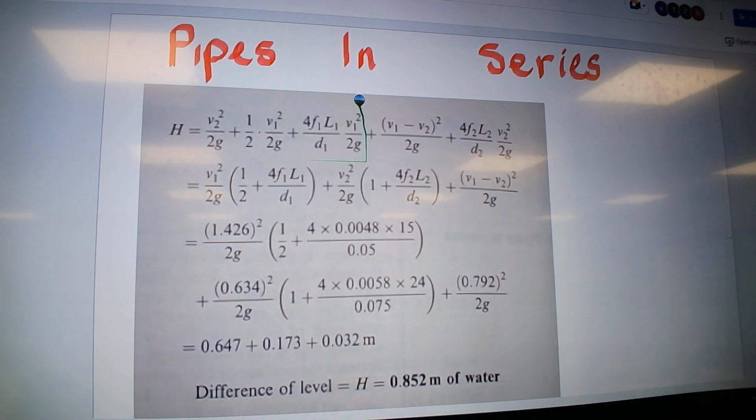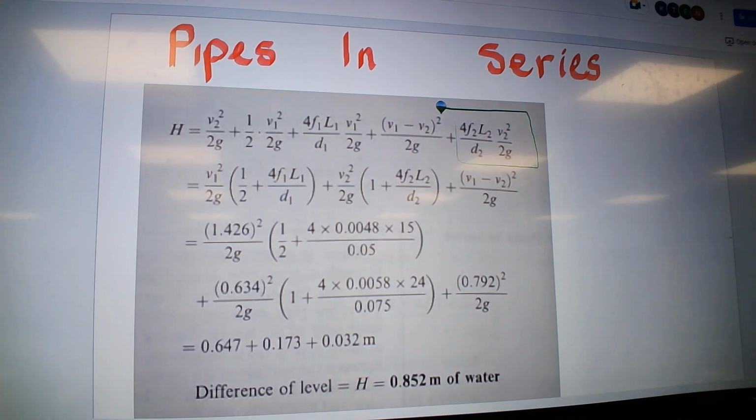And this is the difference between the velocity at 1 and velocity at 2 because of the losses, as we said earlier. And then again the Darcy formula for the second bit of the pipe. Now we're trying to find out the H.